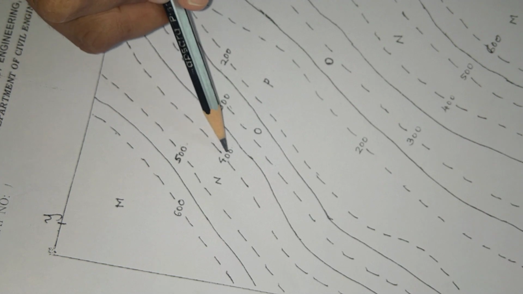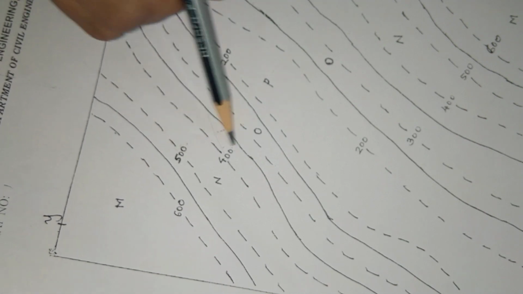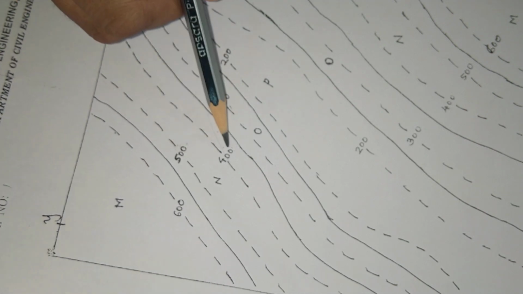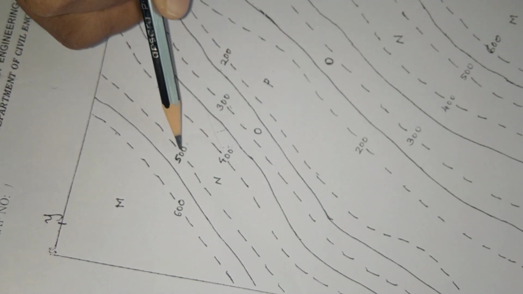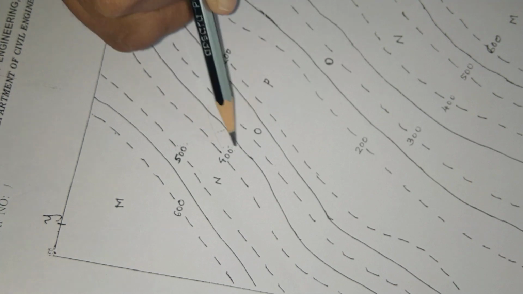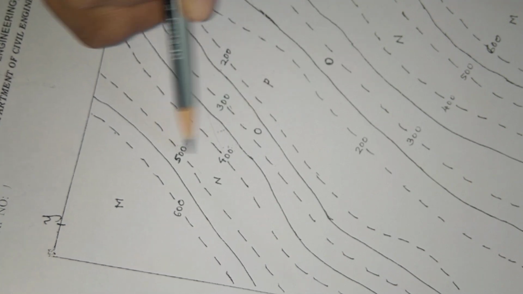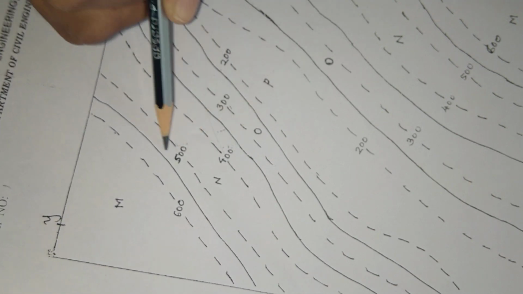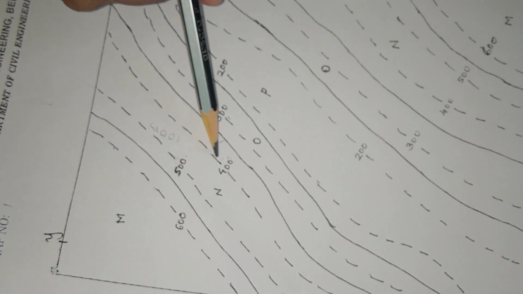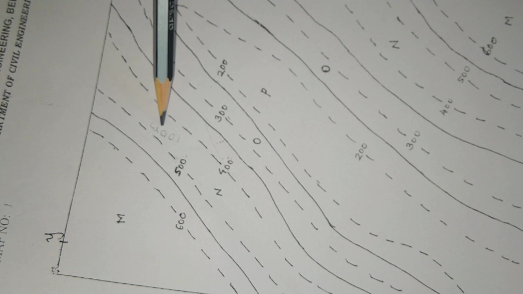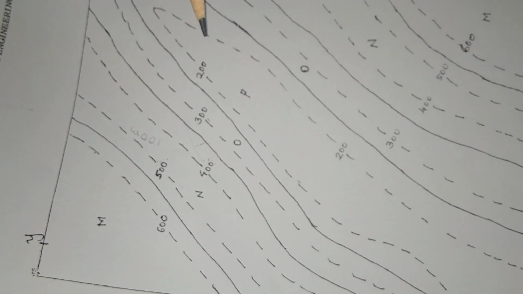The difference between two successive contours is called the contour interval. Here this line has a value of 500 meters and this has 400, so the difference between these two values is 100 meters. So the contour interval is 100 for this particular map.